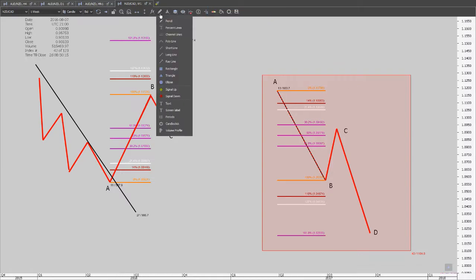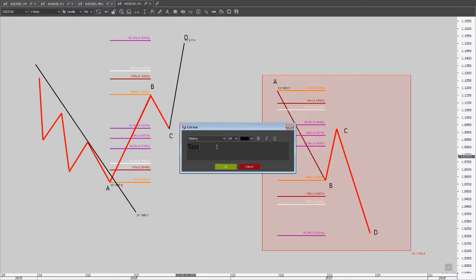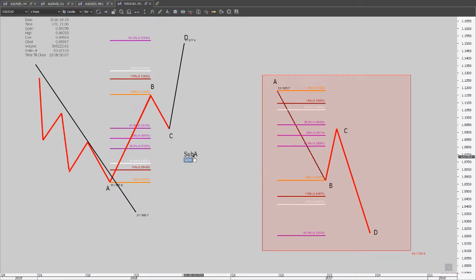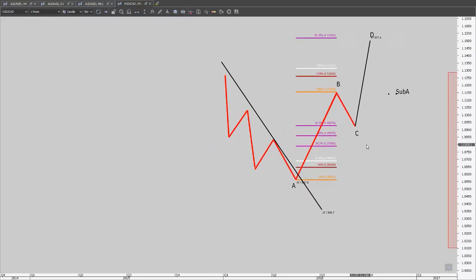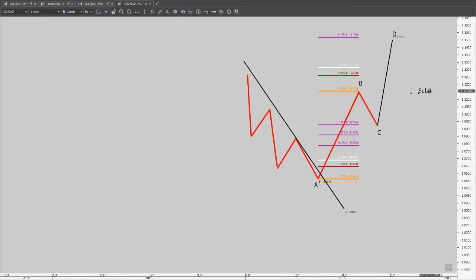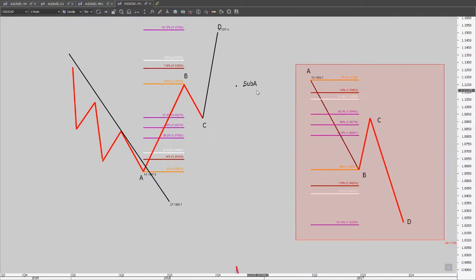Now we're going to put a sub A, right? This is the sub A, and we're going to put it on the original Fibonacci. So sub A equals the rules of the down A, B, C, D of the original one, right?